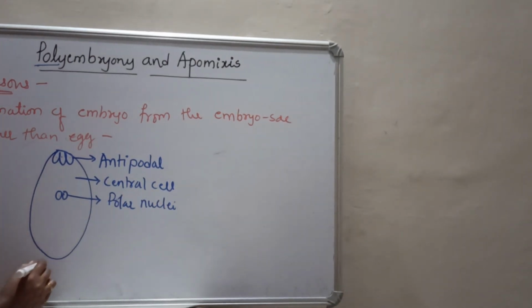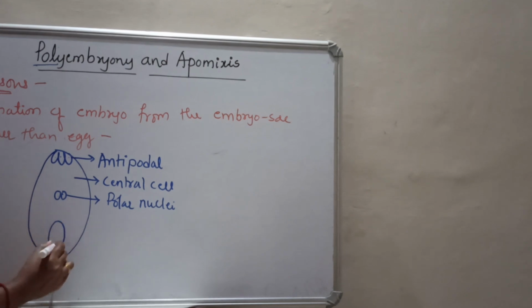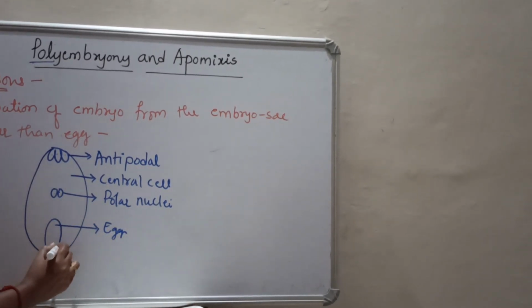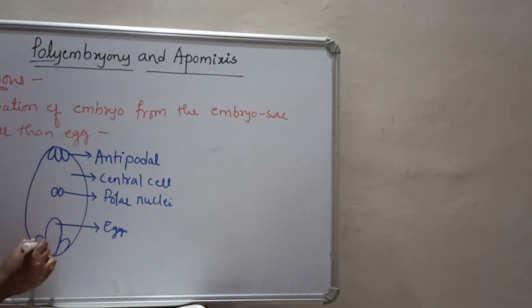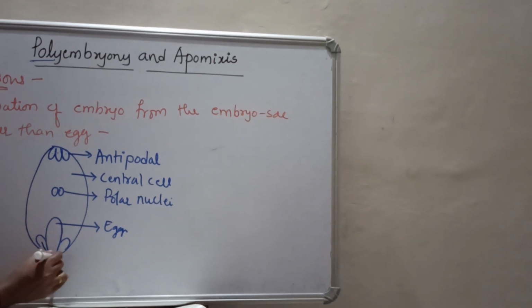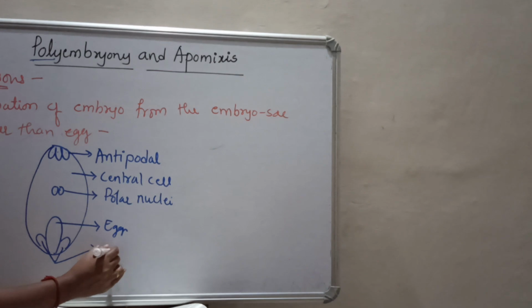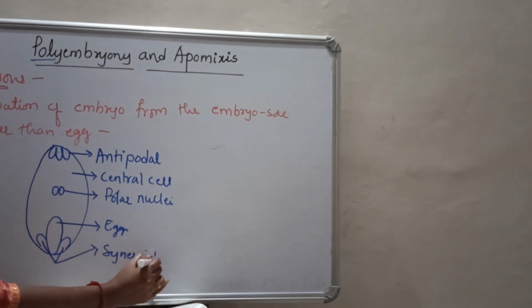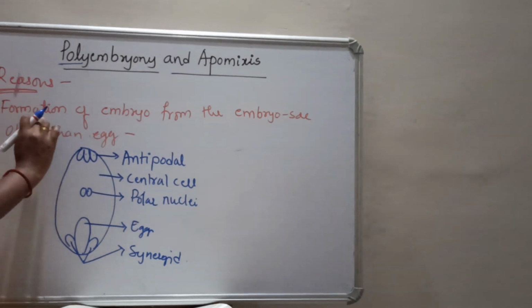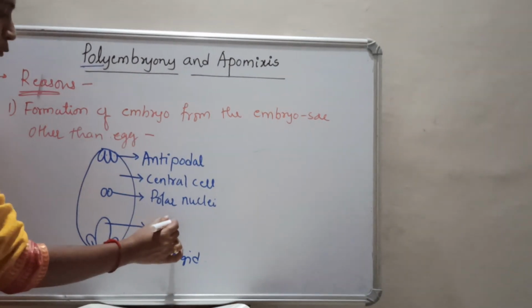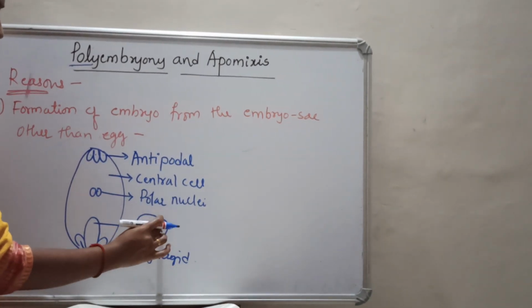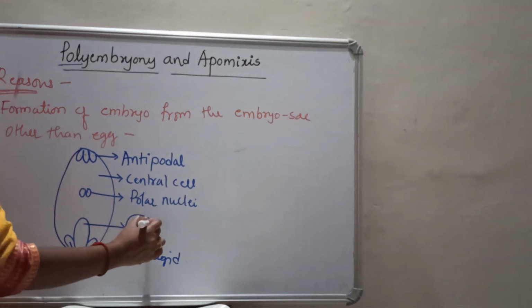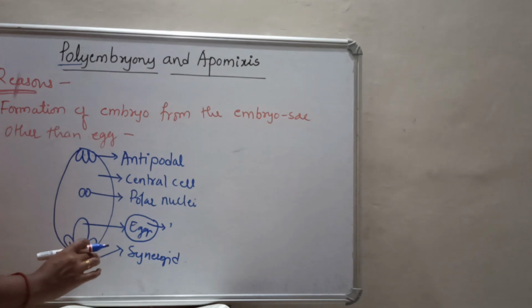At the micropylar region a large cell is present, the egg cell, and adjacent to the egg cell 2 cells are present, called synergid cells. After fertilization, the egg is fertilized by the male gamete and becomes the embryo.